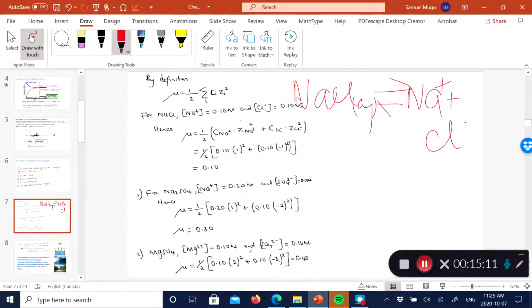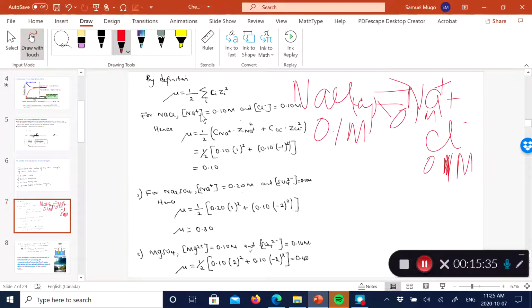Initially we had 0.1 molar. For every mole of sodium chloride, you get the same concentration of sodium and the same concentration of chloride, 0.1 molar.